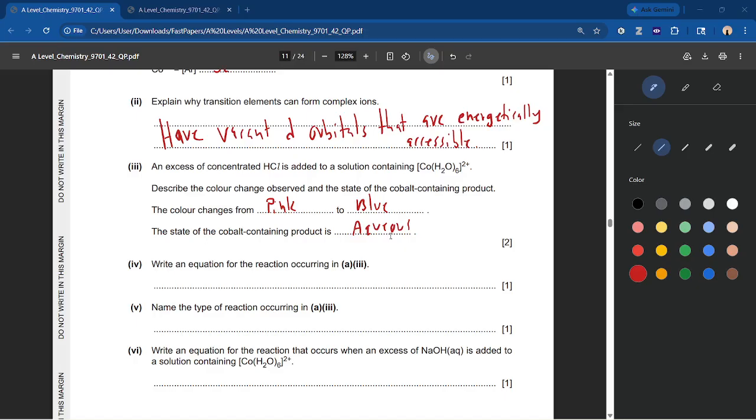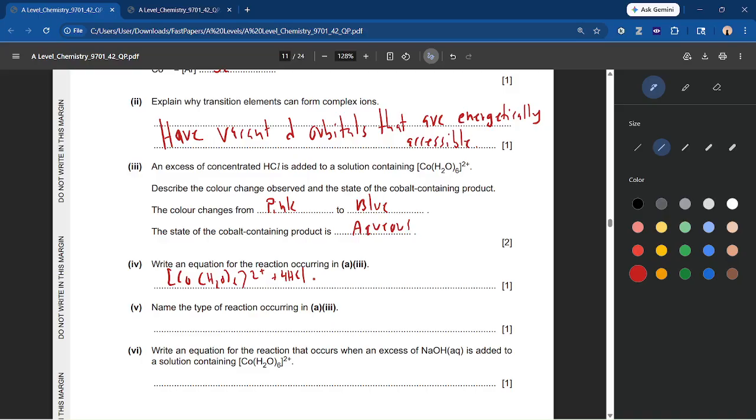Write an equation for the reaction occurring in A3. So we're going to write this down over here. It's going to be Co(H2O)6 2+ reacting with 4 hydrogen chloride.